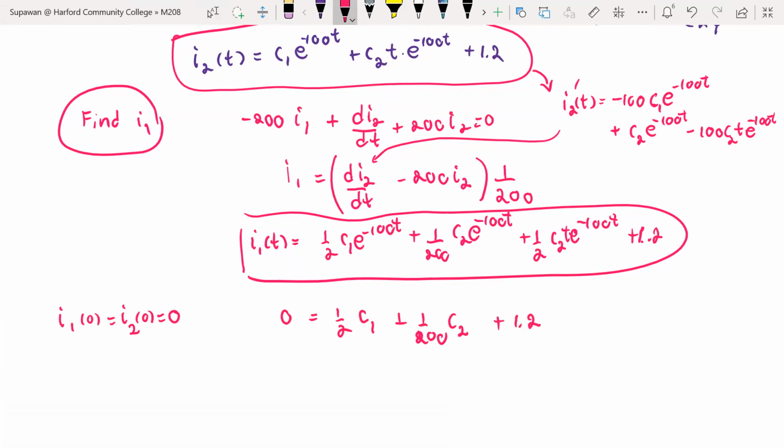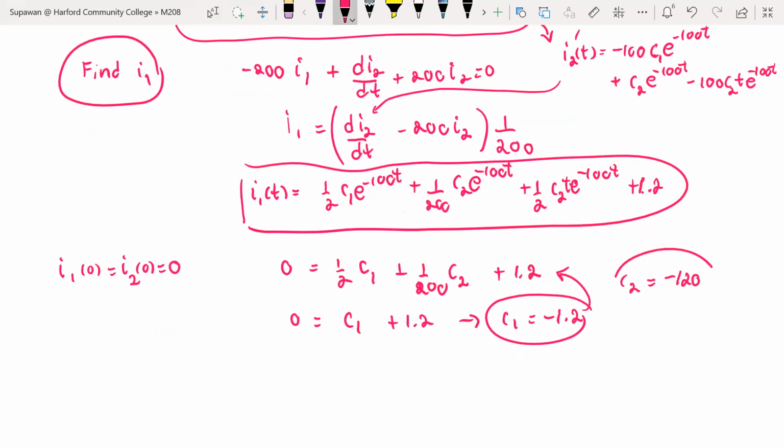And for I2, we get 0 equals C1 plus 1.2. Therefore, C1 equals negative 1.2. And then we use it to solve for C2. That gives us C2 equals negative 120.